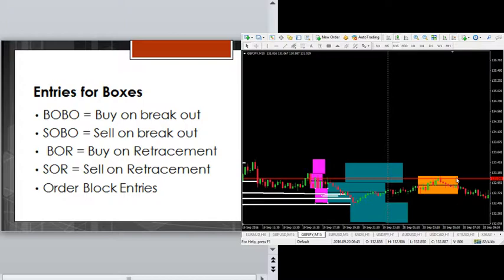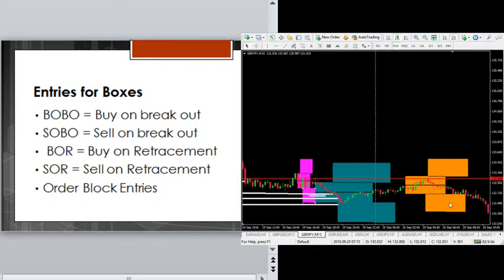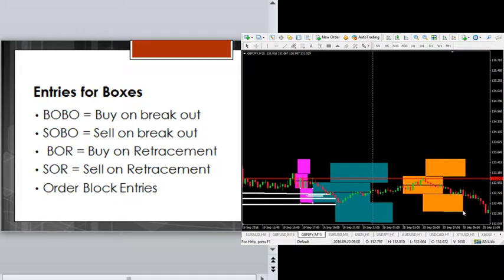And since the pre-London box is completed, we'll be using the pre-London box as a reference for the trade. So here, as you can see, the price breaks at almost 50% and now at 100% of the box. Now I would consider a sell on retracement on this area.